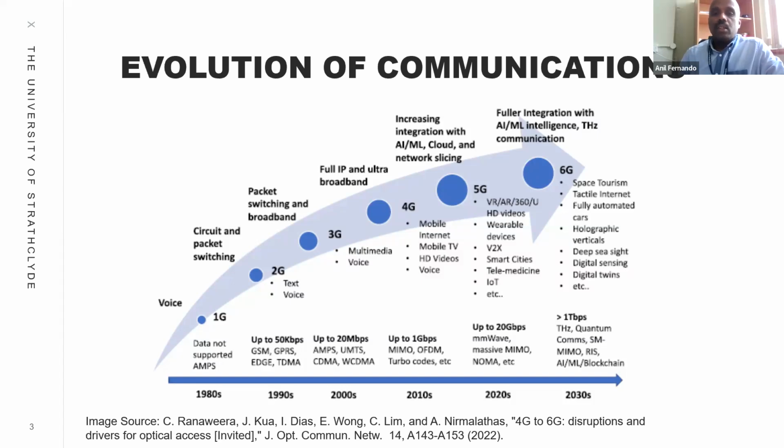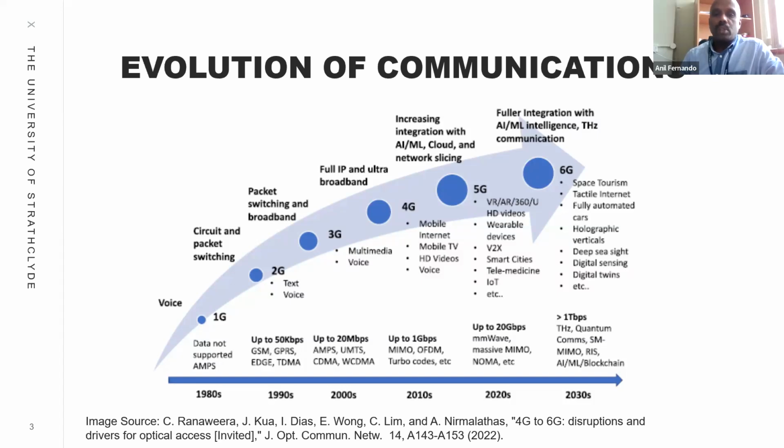Another 10 years later, down the line, we witnessed the fifth generation mobile networks, where we managed to increase the data rate from 1 gigabit per second to 20 gigabits per second. The main technologies we targeted were millimeter wave, massive MIMO, and NOMA technologies, and the targeted applications were VR, AR, 360 video and other types of video, wearable devices, vehicle communication and vehicle control center communication.